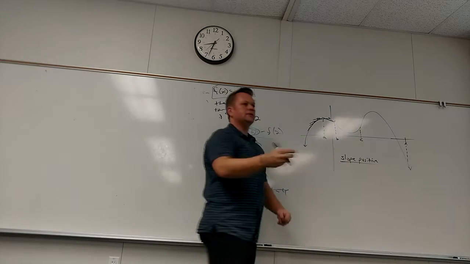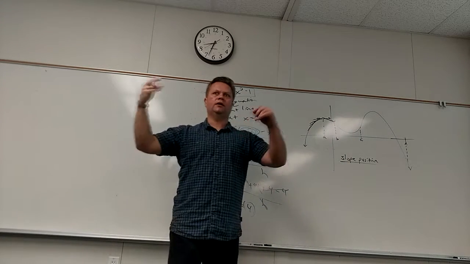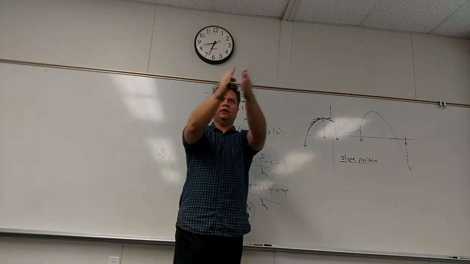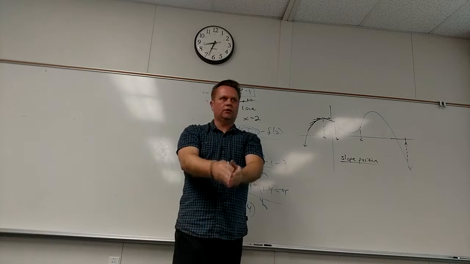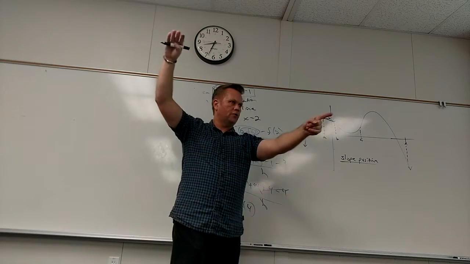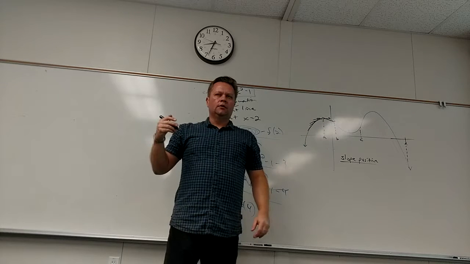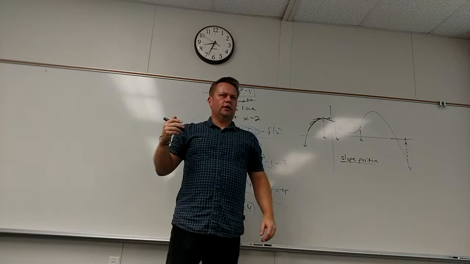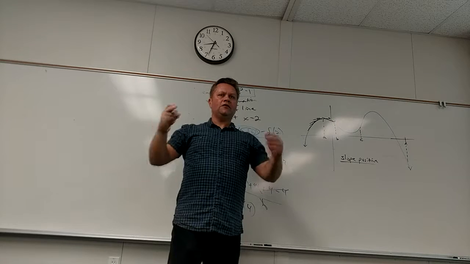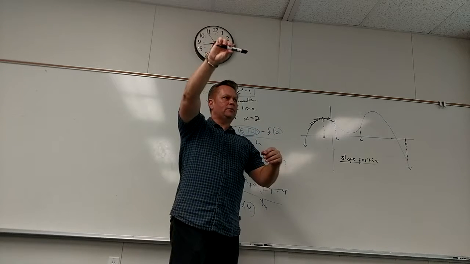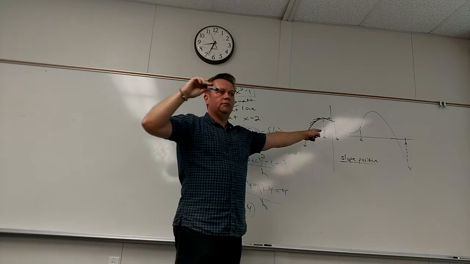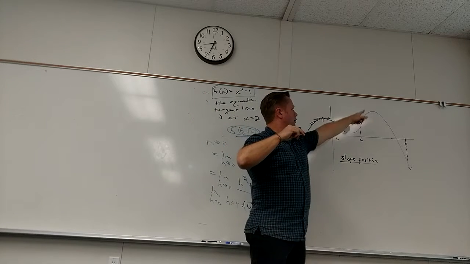It makes sense that if it's positive on one side and negative on the other side, right in the middle it's got to be zero. So it's flat at the top. It correlates to the max. In fact, if that slope is zero, that is a place where a max or a min might be. It would happen here also, and there, of course, too.